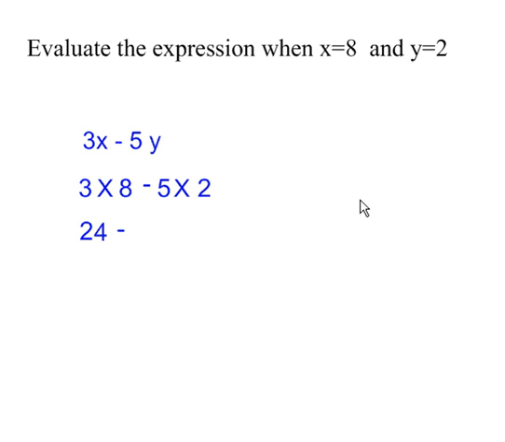And we would rewrite the equation as 24 minus 5 times 2. And we go through this equation one more time from left to right, and we notice that there's multiplication here.